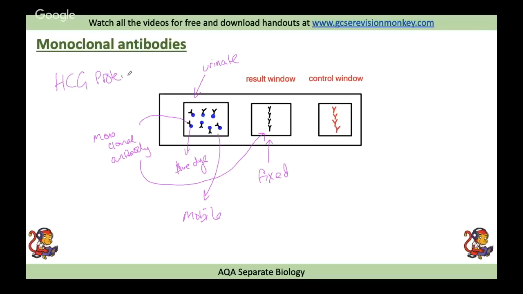So if we think back at our previous steps, the mouse would have been injected with HCG protein. That would have made the B lymphocytes that would have been combined with the tumour to make the hybridoma, and we finally produce these antibodies. So we stick some fixed ones here, and we have some mobile ones here that can move.